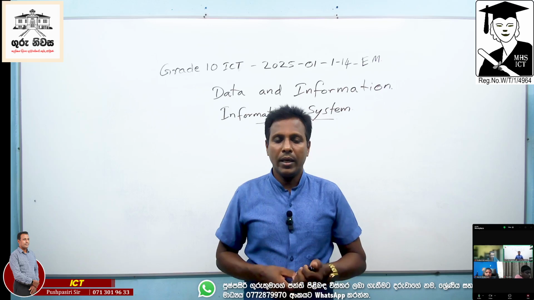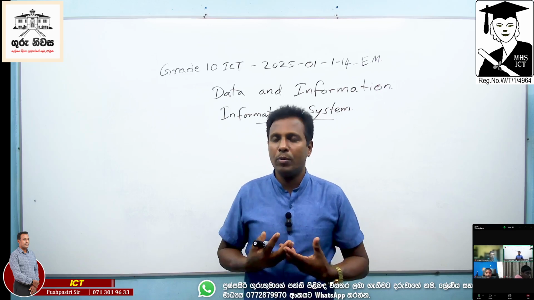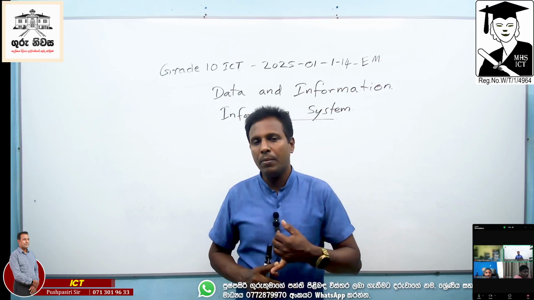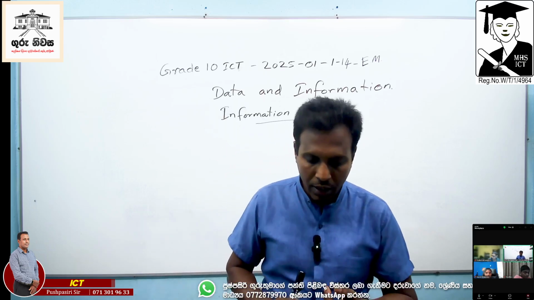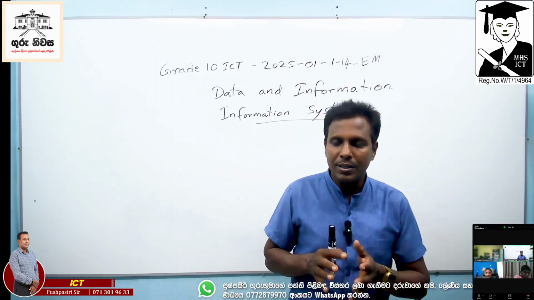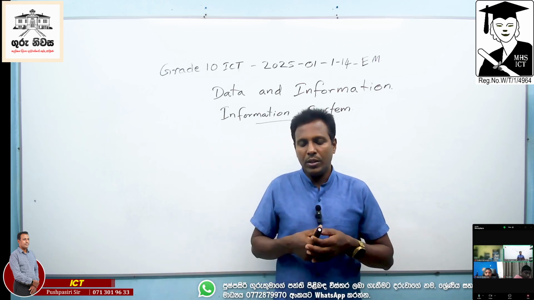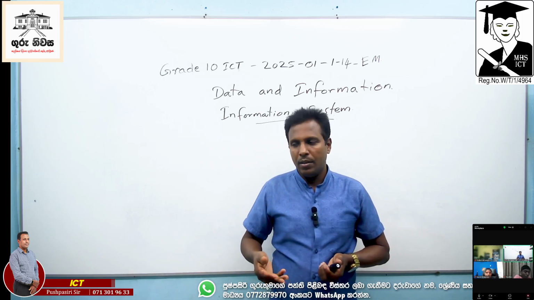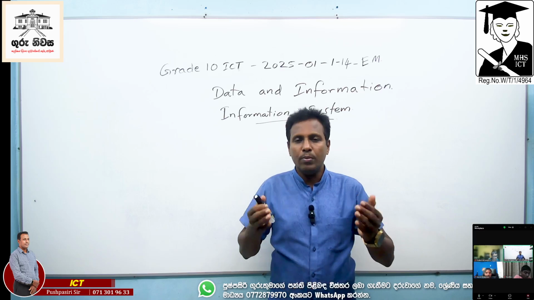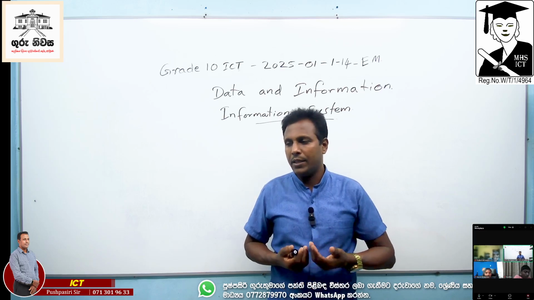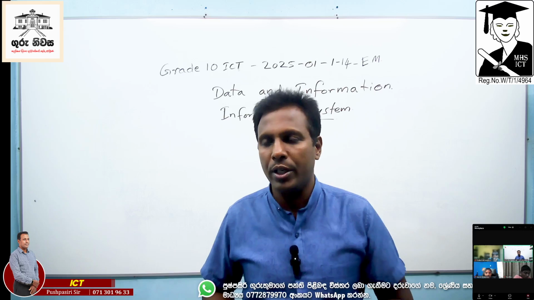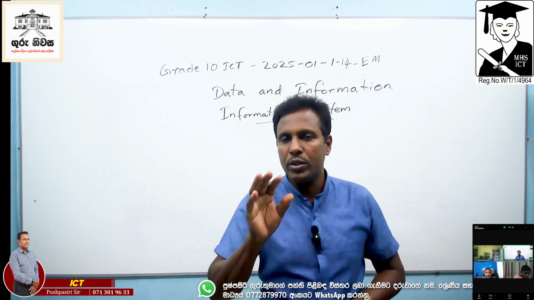Because there are many subcomponents in the human body, such as the breathing system, digestive system, nervous system, blood circulation system. They work in their own way, but only for one target. What is the target? To keep the man alive. Right? That is the target. So a system is subcomponents which work together towards a common goal.